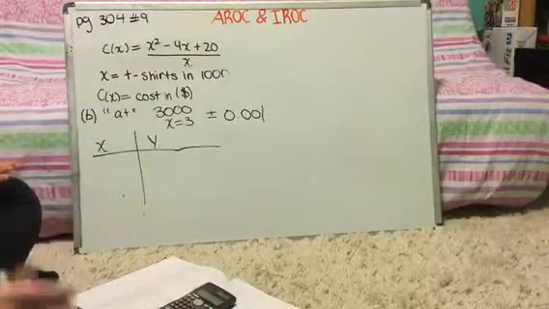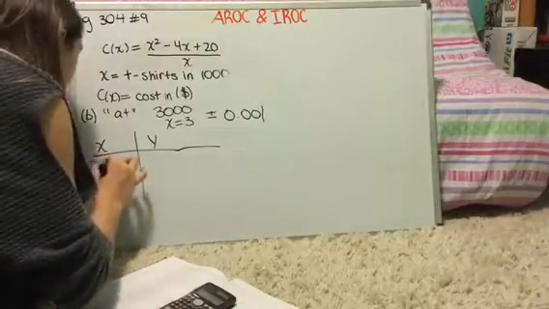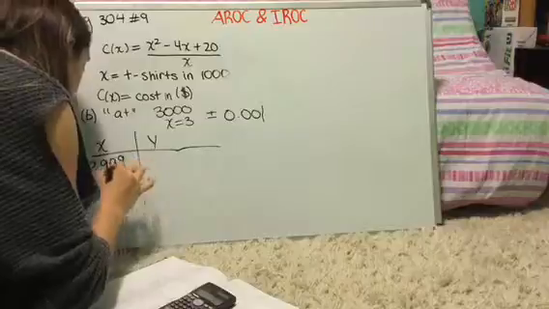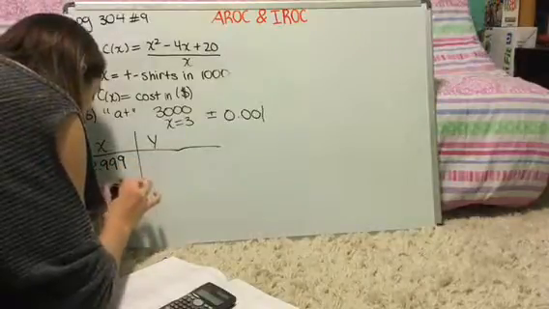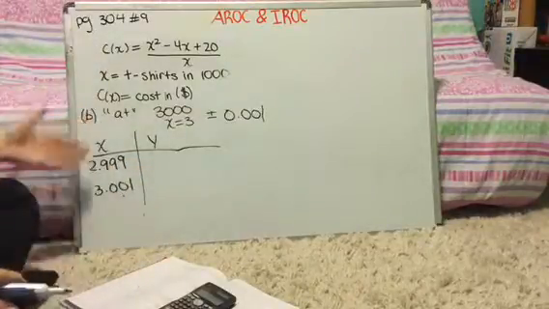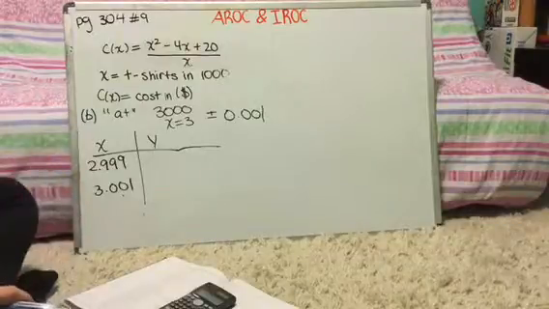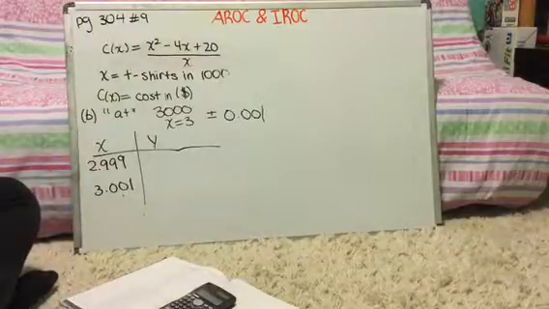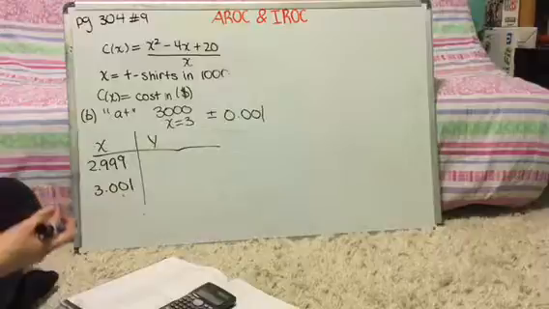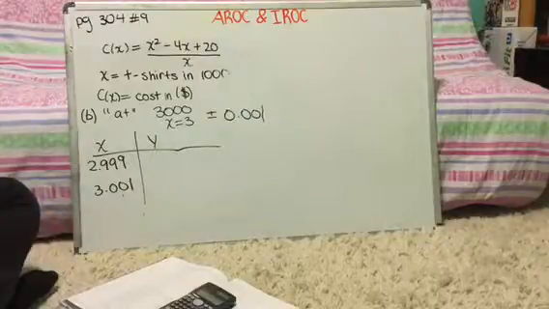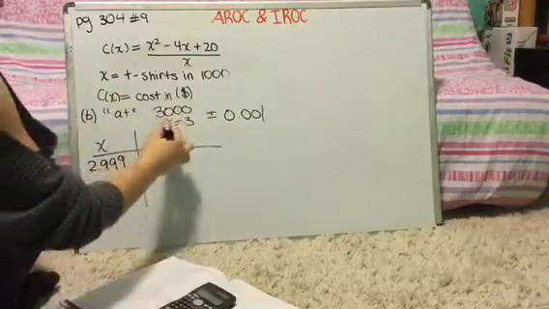In this case, we'll have 2.999 and 3.001 as our x coordinates. We know that these are on our tangent line, or we're estimating that these are on our tangent line, because we are picking 2 points that are relatively close to our original x value.